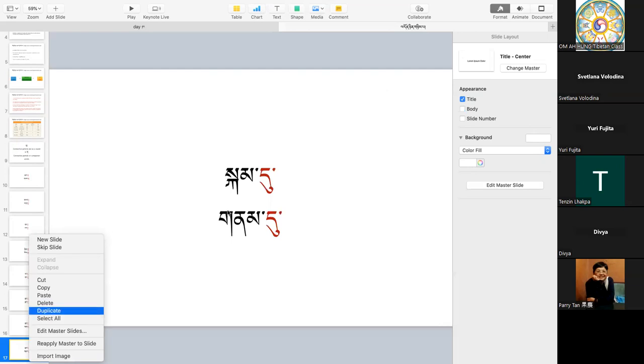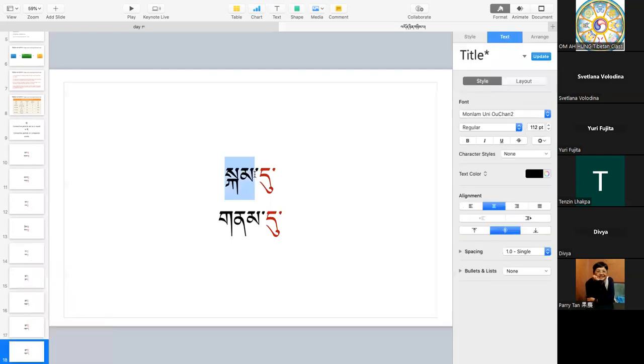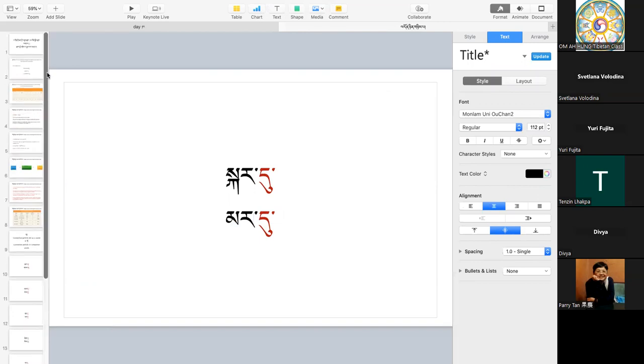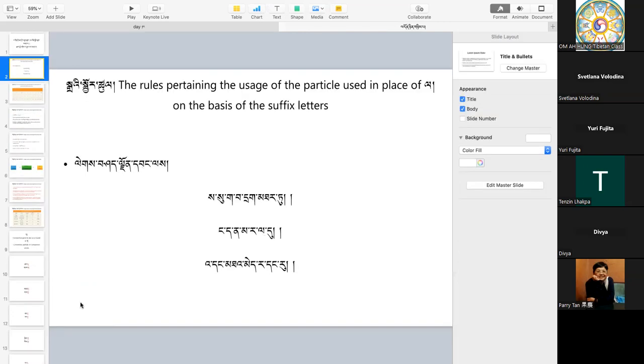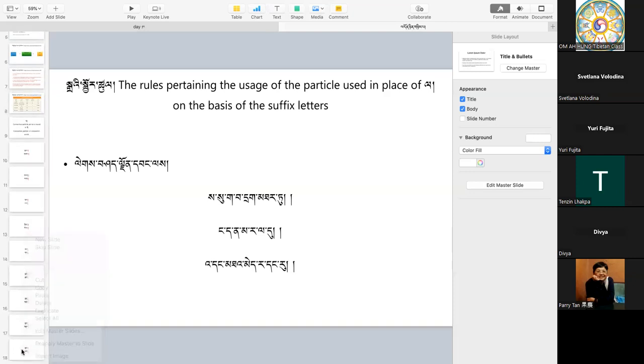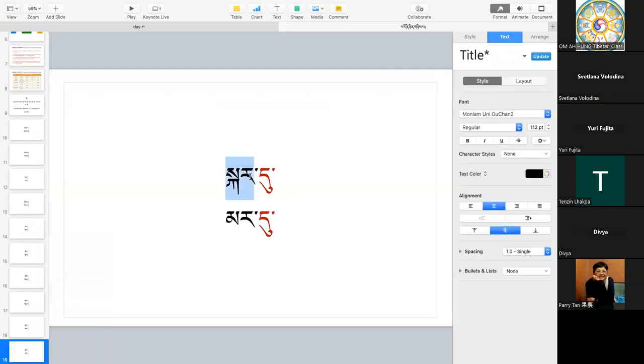Now, gar, tu. Gar, which means the star. Then mar, which means the butter, tu. Now, with la as a suffix letter: hum, tu.